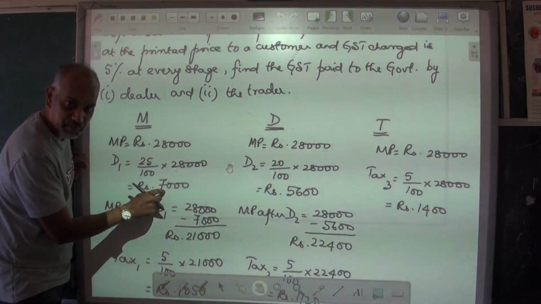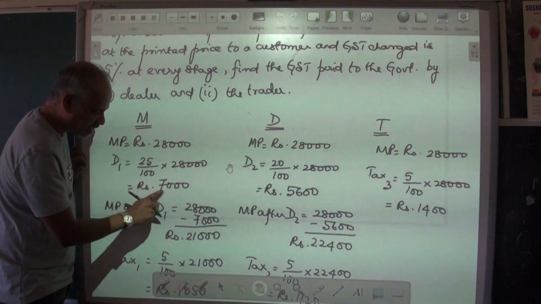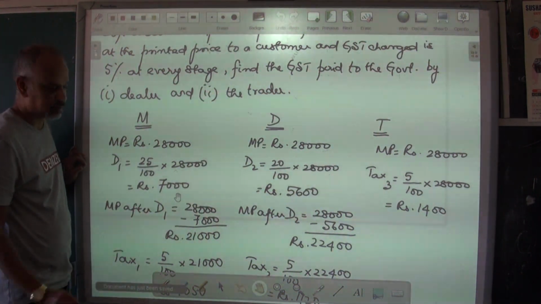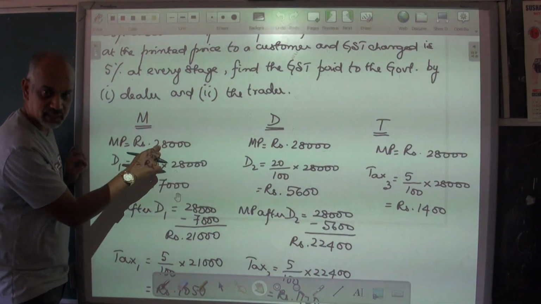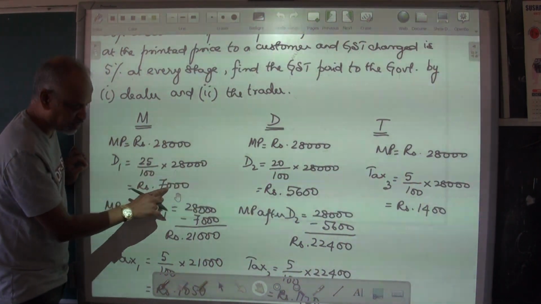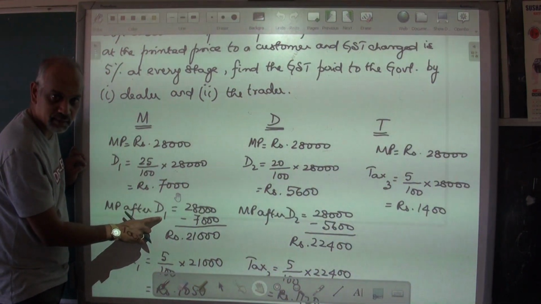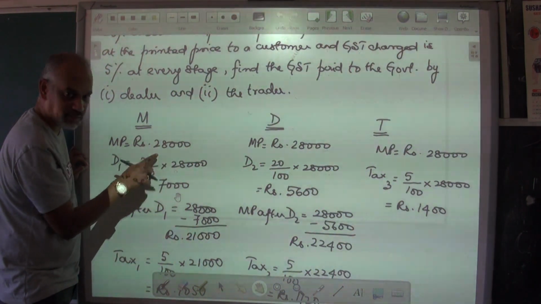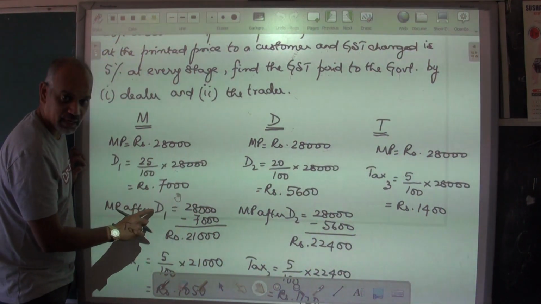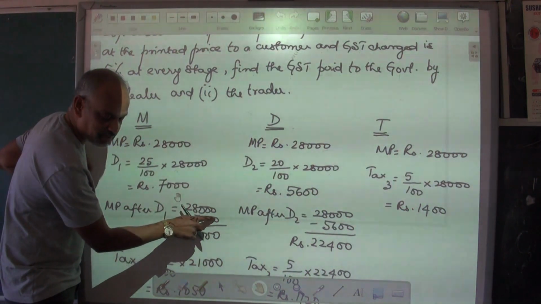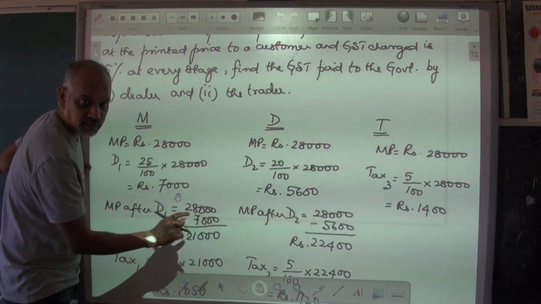Now the 7,000 rupees is the discount, meaning so much less the dealer has to pay for the article. Actual price was 28,000, he gets a discount of 7,000 rupees. Therefore, the mark price after discount 1 is 28,000 minus 7,000, that gives you 21,000.